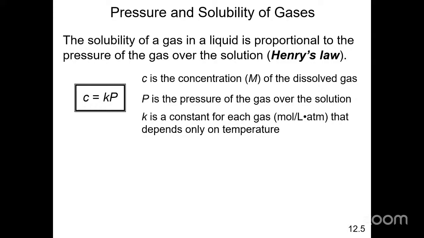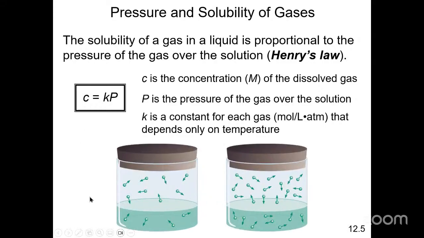Okay, so that's Henry's Law right there. This is a pictorial representation of what Henry's Law is all about. Imagine you have a gas trapped in this container and you have the liquid here. You have the gas molecules bouncing around, entering the surface of the liquid, and ending up in a solution or aqueous state, and you have this back and forth.